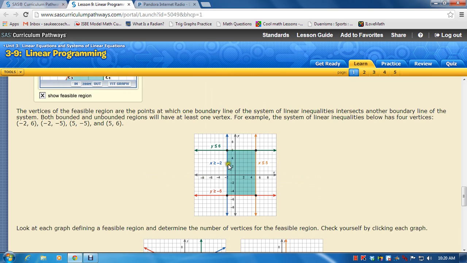When we talk about vertices of a feasible region, if we have a bounded feasible region, you will have vertices that fall on the constraints right here. They're pretty easy to tell. If it's a rectangle, obviously we're going to have 4 vertices.